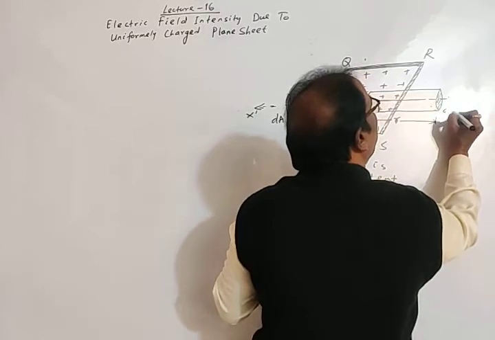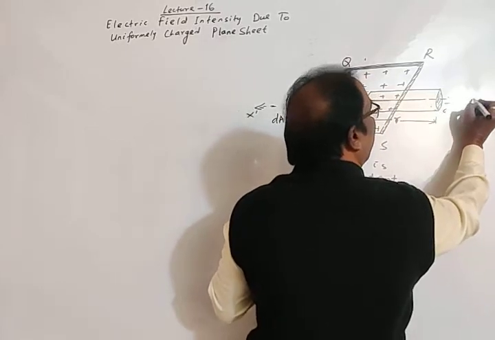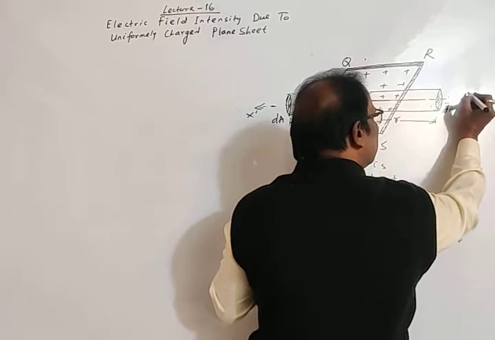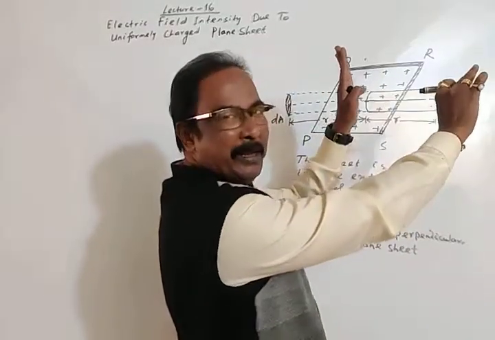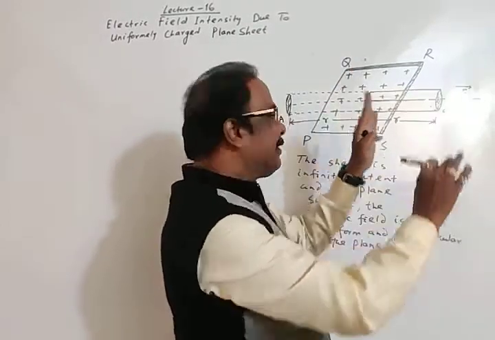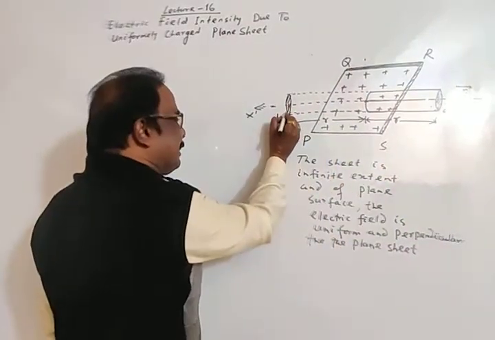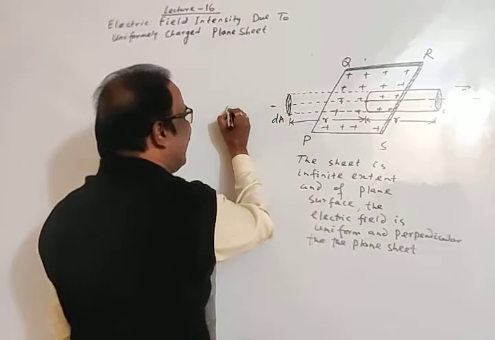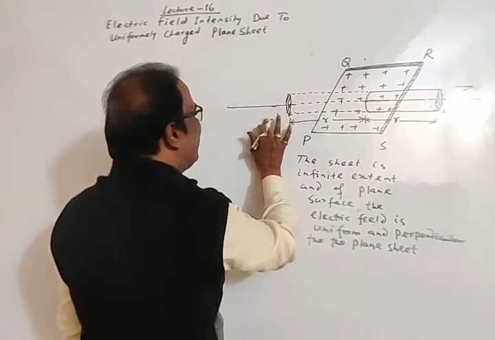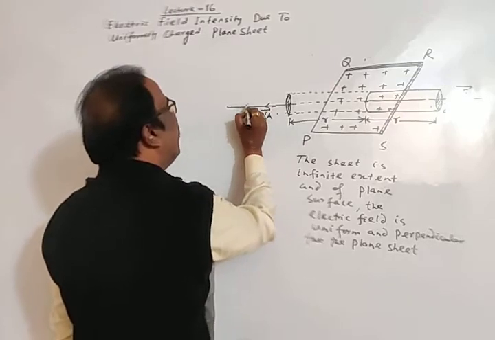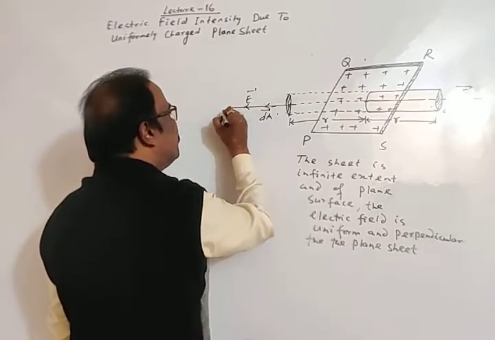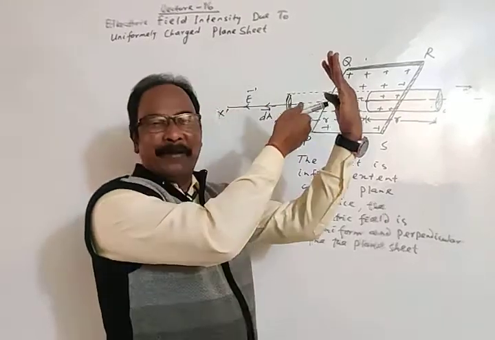Also, this is the direction of the electric field. The electric field is in the outward direction, also perpendicular to the surface. Again, this is also an elemental area, along the negative x-axis direction, dA. Also the electric field is perpendicular to the surface area.